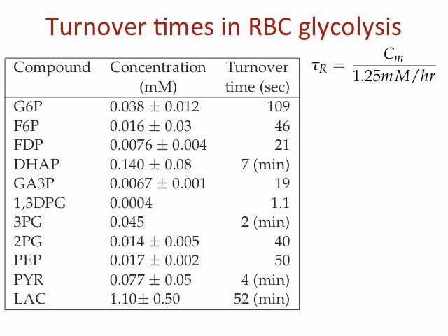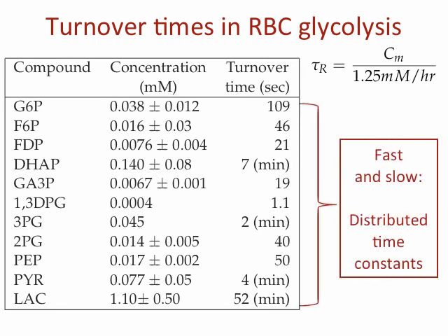Here are turnover times in red blood cell glycolysis. The flux through red cell glycolysis is sluggish, on the order of 1.25 millimoles per hour. And since it's a linear pathway, that is the flux that you use to divide all the concentrations in the pathway with. And that is what this table here does.